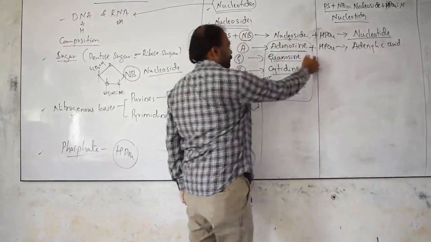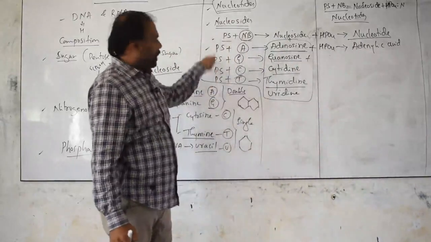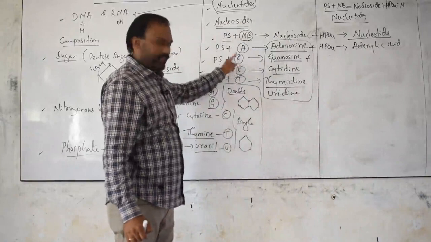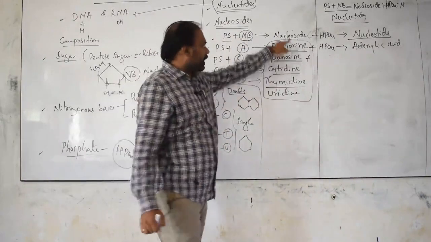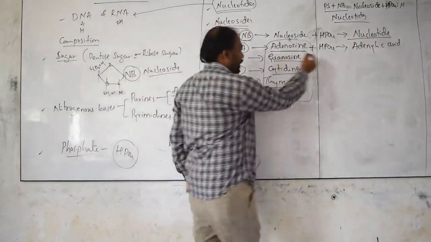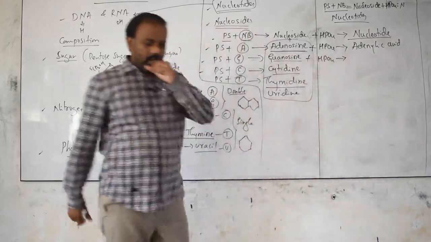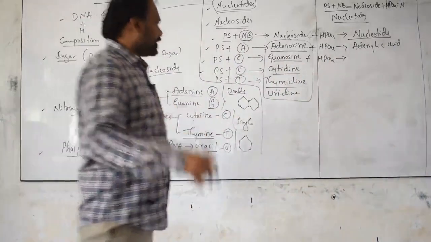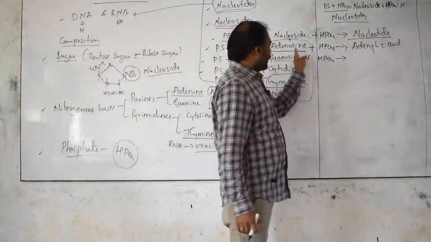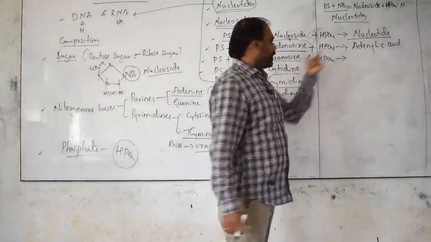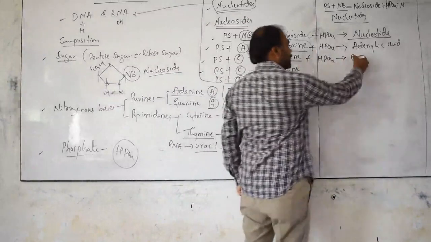Second one, pentose sugar plus guanine, which gives guanosine, nothing but nucleoside. Nucleoside plus HPO4 gives, think in your mind. Yes, it will become guanylic acid. Adenosine, adenylic acid; guanosine, guanylic acid.